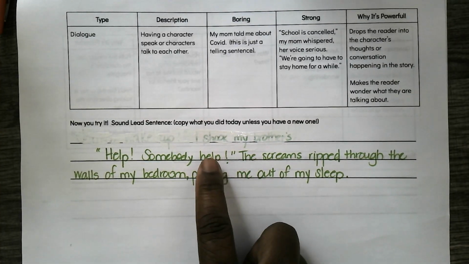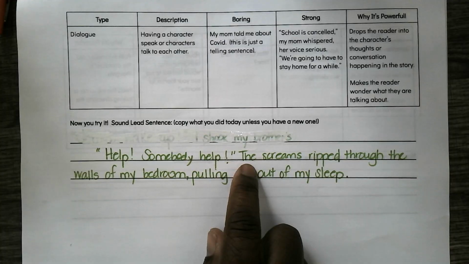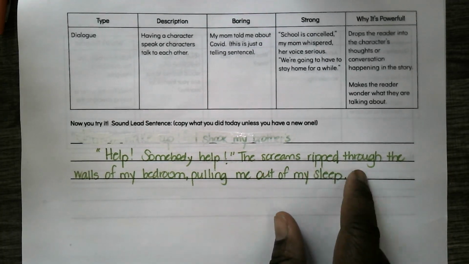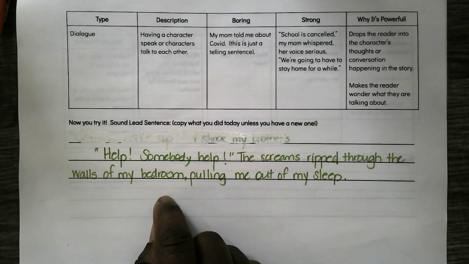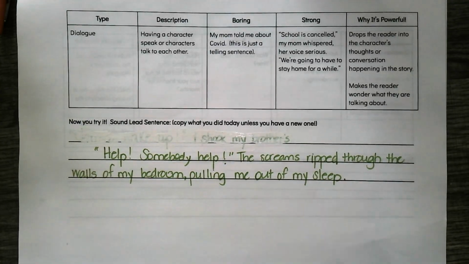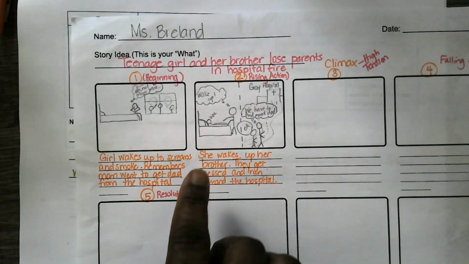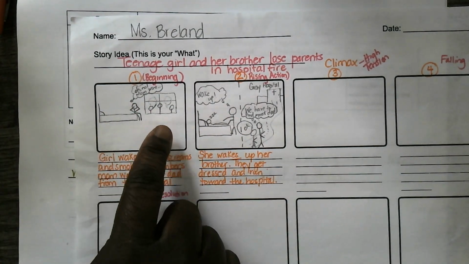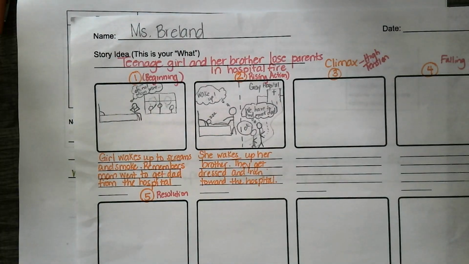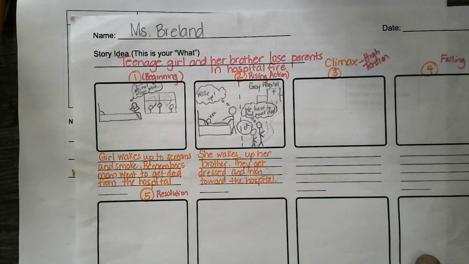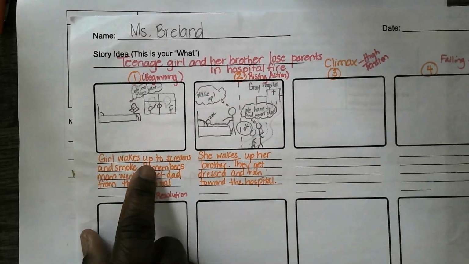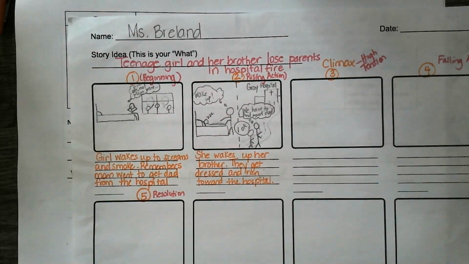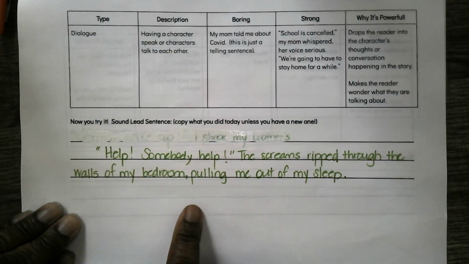And this is coming from the outside, because I had to think, who could possibly be talking? What could they be saying? "The screams ripped through the walls of my bedroom, pulling me out of my sleep." So I had to make it fit for this one. I didn't want it to be something happening later in that scene, but to start right away, she got alerted that something's wrong because she wakes up to people screaming. Okay, so that's how I did that.